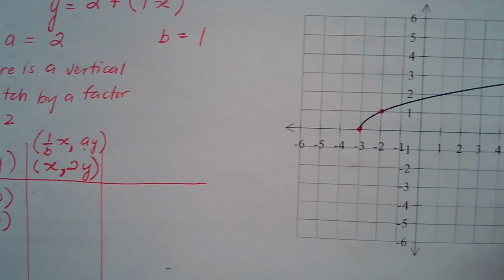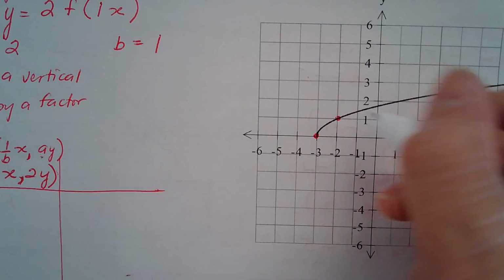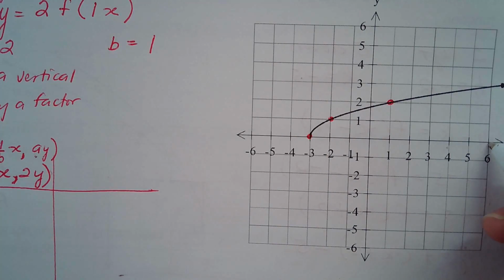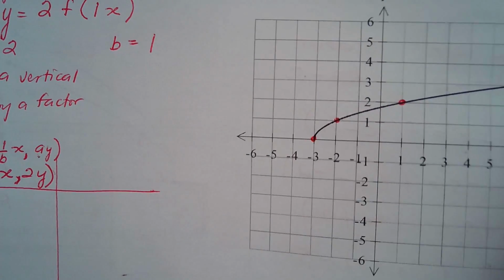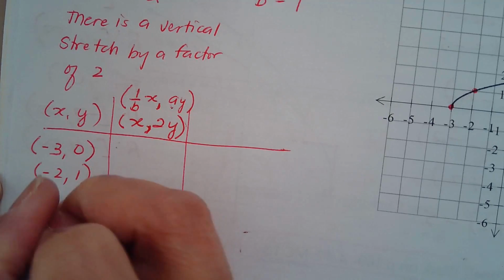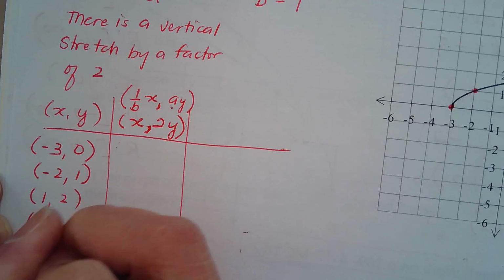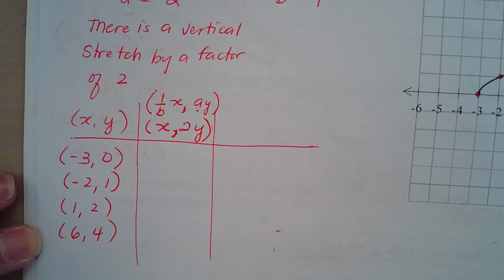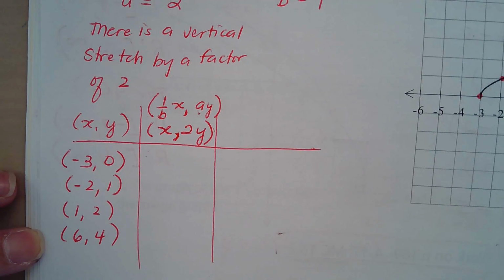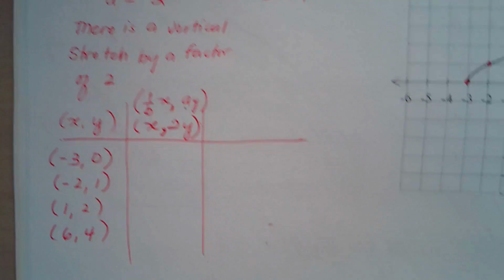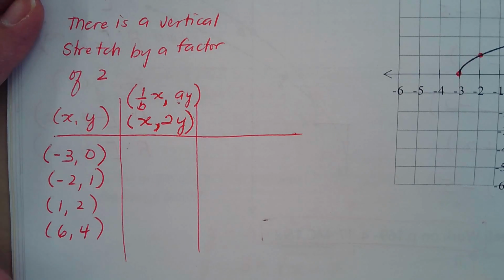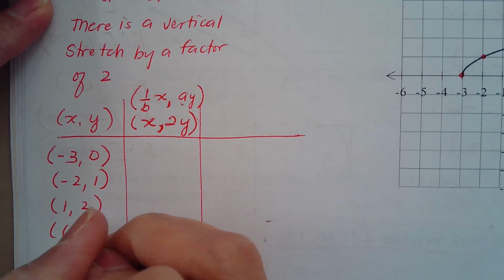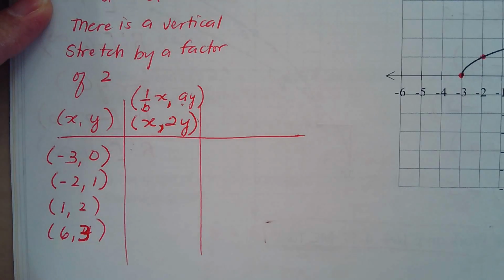And what are the other nice points here? 1, 2, and 6, 3.